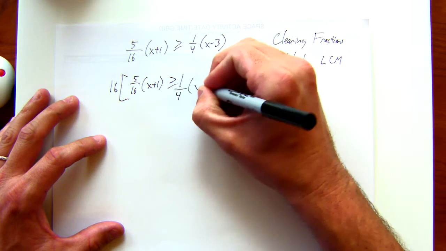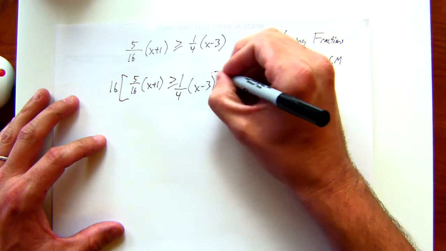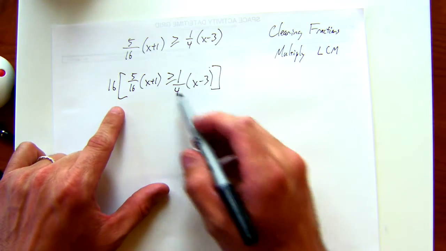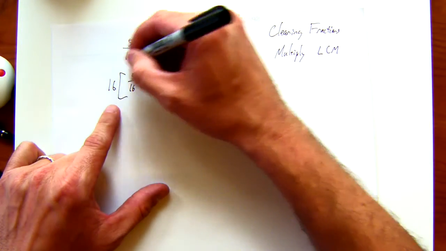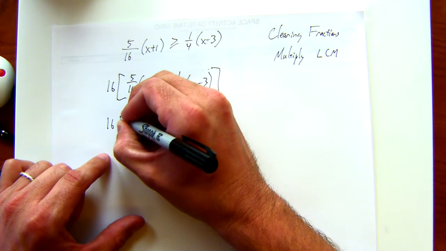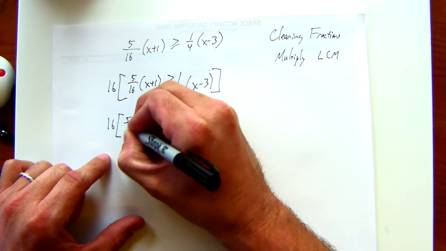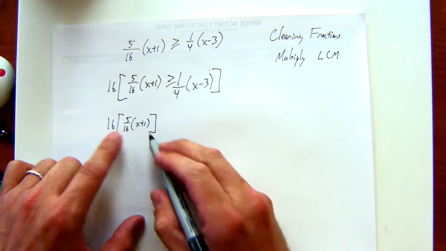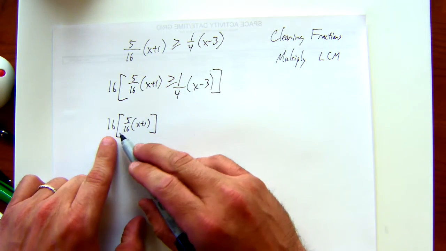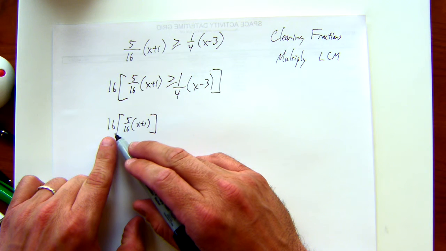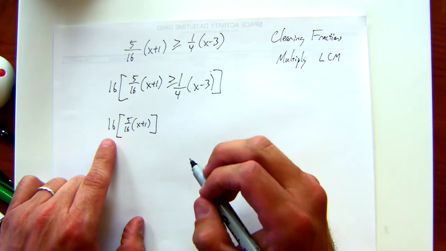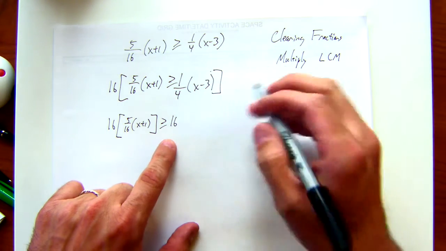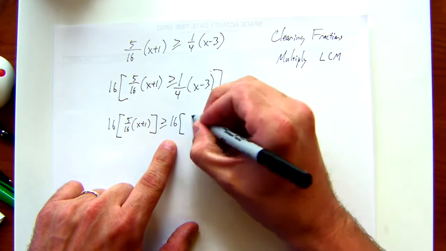1 over 4 times x minus 3. You think about it as distributing, so 16 on the left-hand side times 5 over 16 times x plus 1. 16 times everything on the left. Now, is this a positive or negative? So does it change the inequality sign? No. So I still have greater than or equal to. And then I'm multiplying everything on the right-hand side by 16 as well.